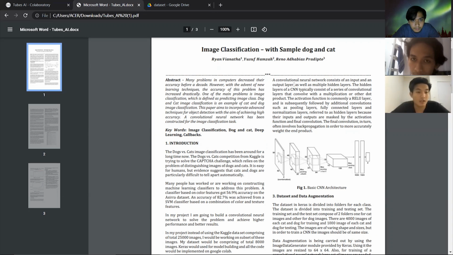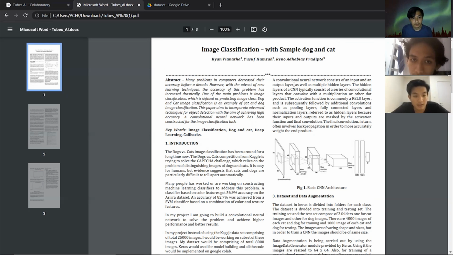First, the abstract. Many problems in computer vision have decreased in error before a decade. However, with the advent of new learning techniques, the accuracy on these problems has increased drastically. One of the main problems is image classification, which is defined as predicting the image class.